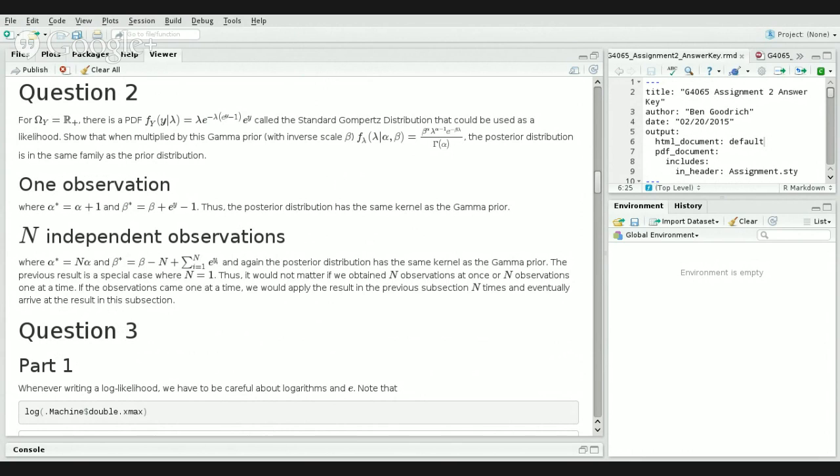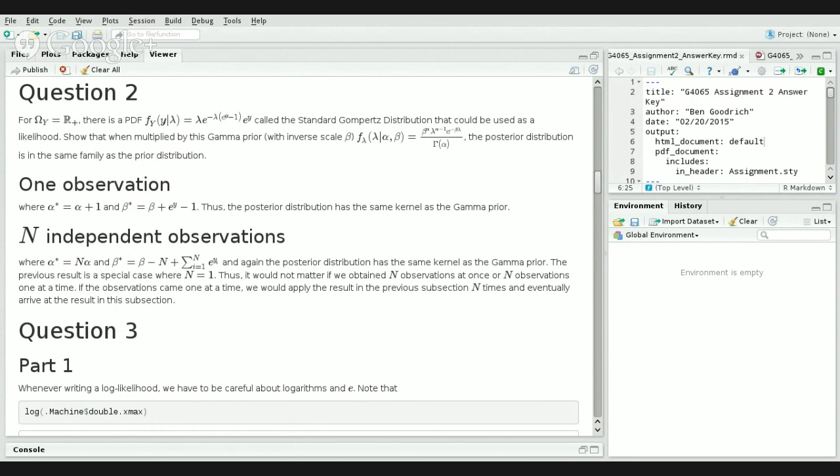So with only one observation, you have a prior in red, a likelihood in blue. Substitute in the particular forms for that. In this case, we know that beta to the alpha is going to be a constant. It doesn't depend on lambda. Same thing with gamma evaluated at alpha. That doesn't depend on lambda. And e to the y is also not going to depend on anything relating to lambda.